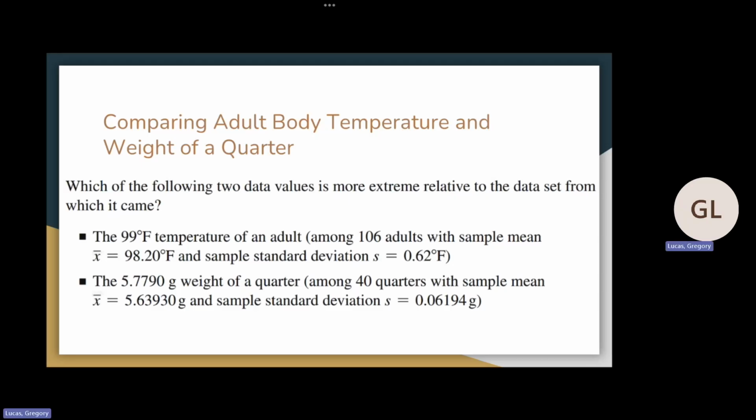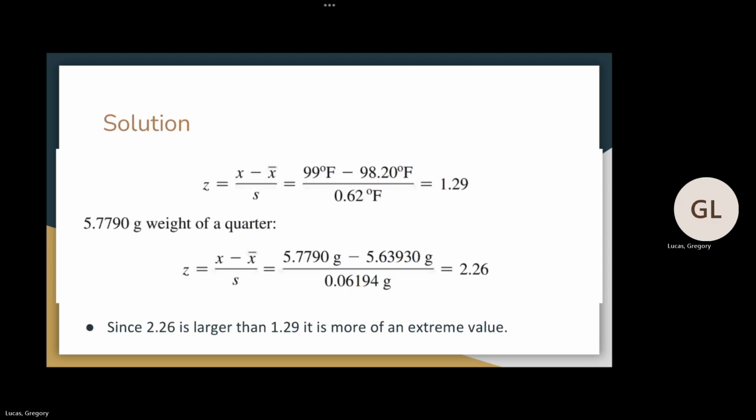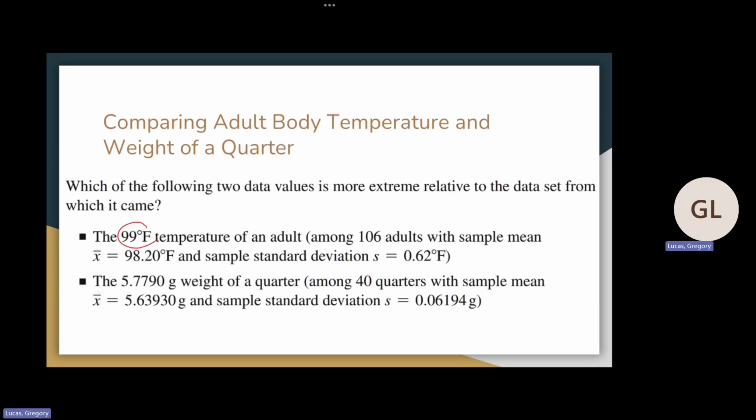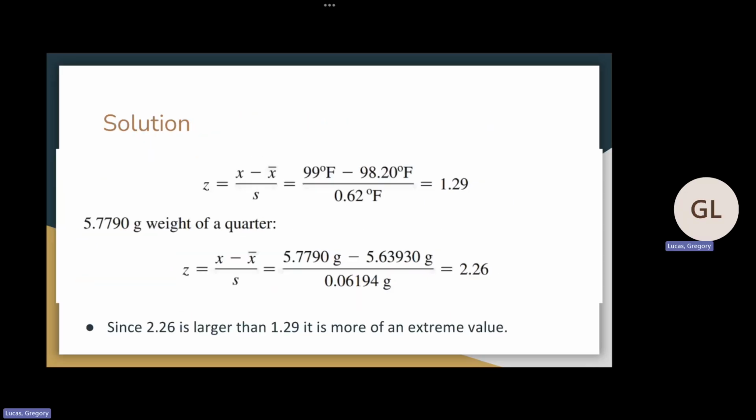Whichever one has a larger z-score, well, once we take the absolute value if something's negative, is going to be more extreme. So let's take a look. In our first example, I take the value, which was 99 degrees Fahrenheit, subtract the mean, and divide by the standard deviation, so 99 minus 98.2, and then divided by 0.62, I'd get a z-score of 1.29.